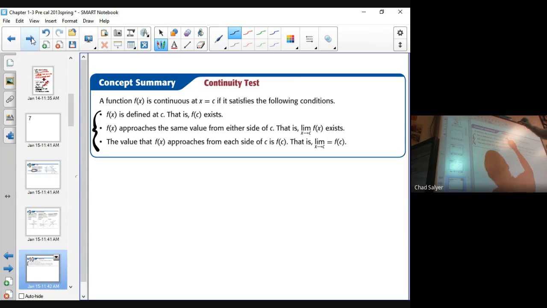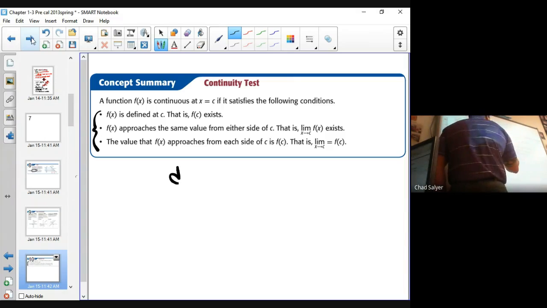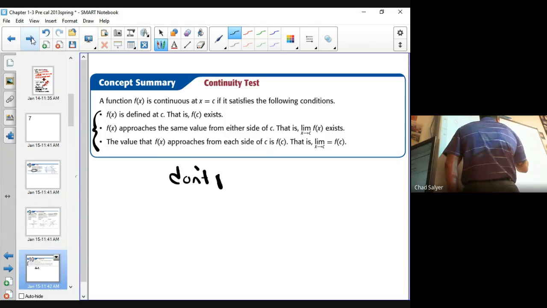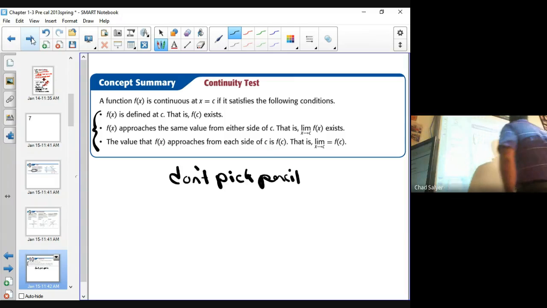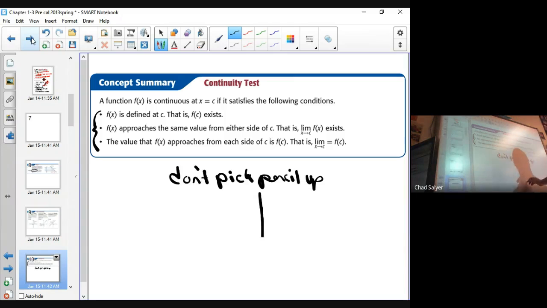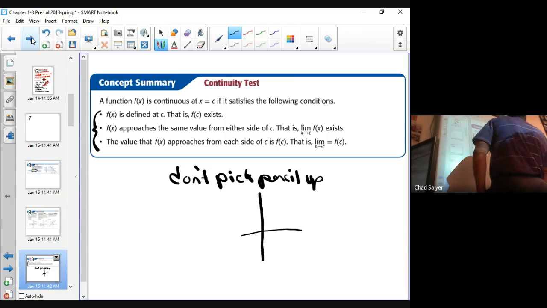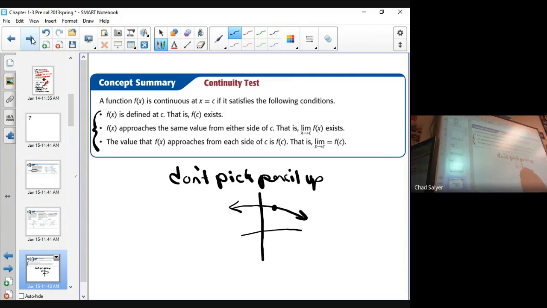All these things just mean that I don't pick my pencil up when I graph that point. So think about it like this. If this is the point we're concerned about, if I can just graph through it like so, then it is continuous at that point.